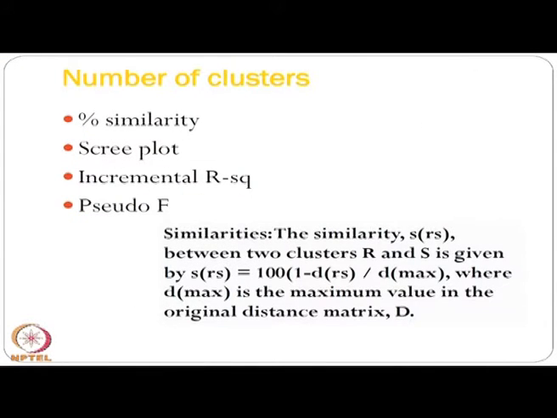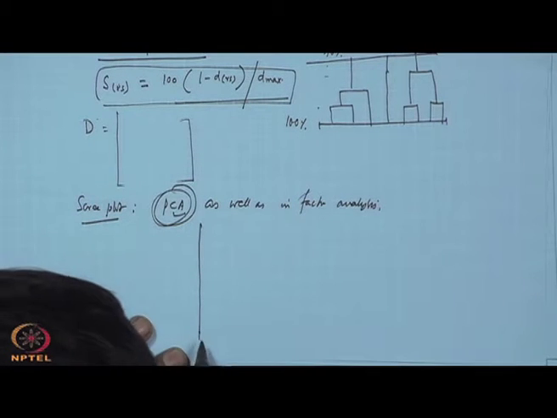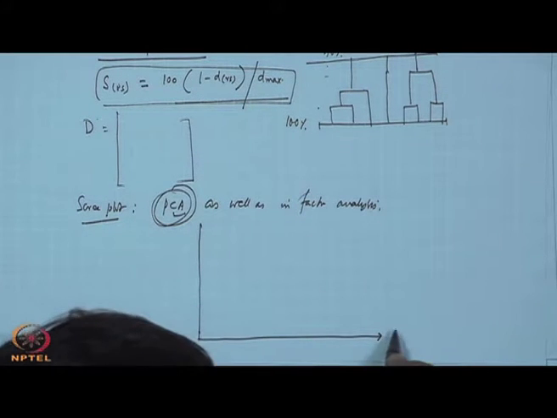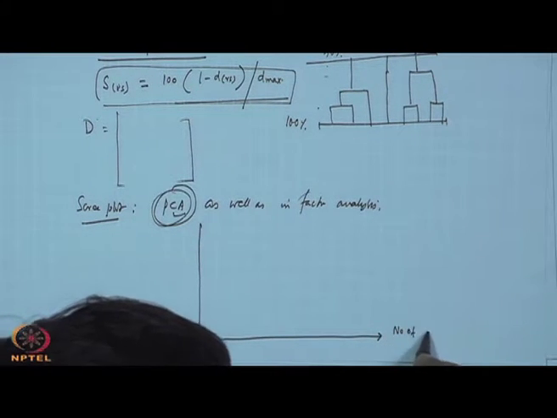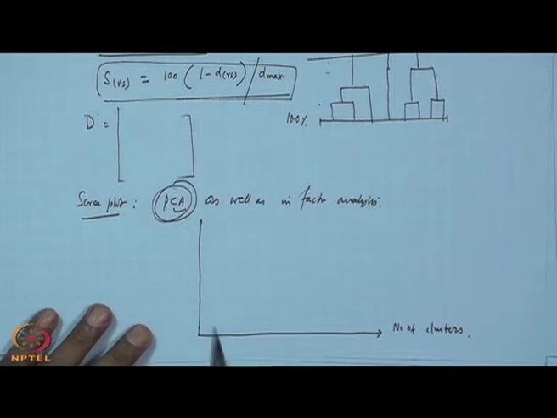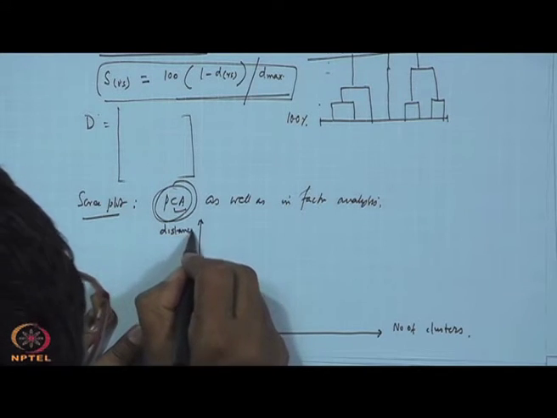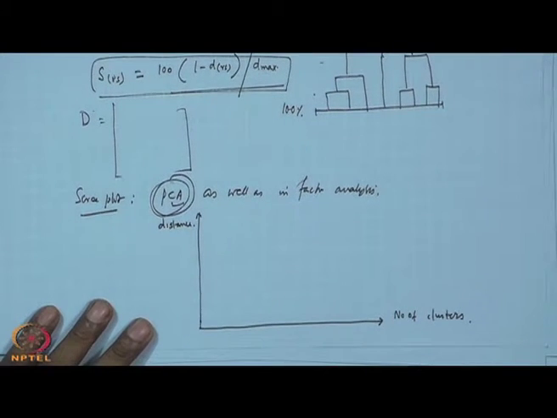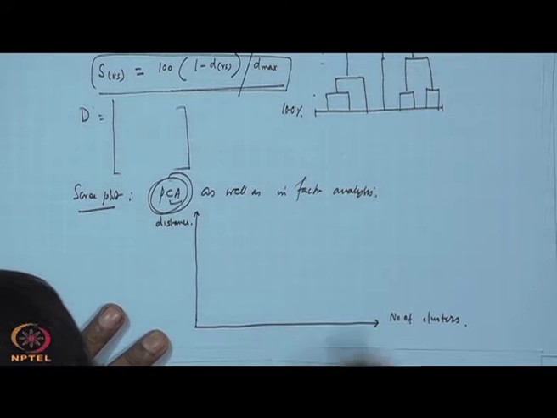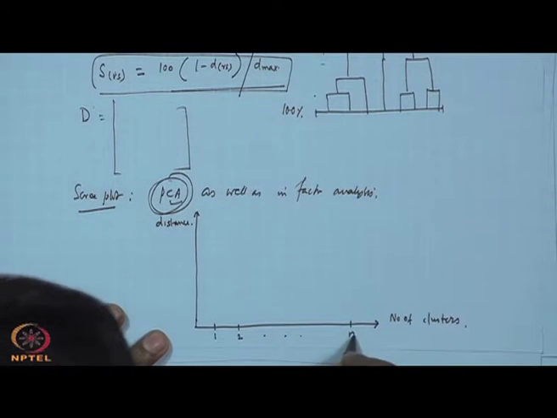Then how do you do it? You find out the scree plot like this. This side you write the number of clusters, and this side you write down the distance. Now, your cluster can be 1, cluster can be 2, like this you have n clusters.